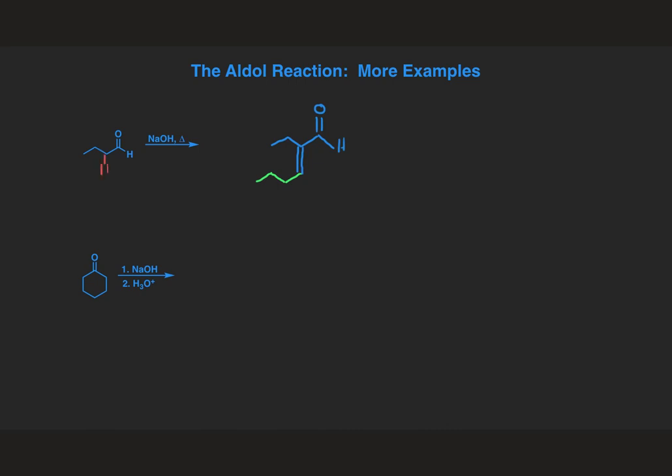And so the first step, again, is generating the enolate. Which is going to react with a second aldehyde.